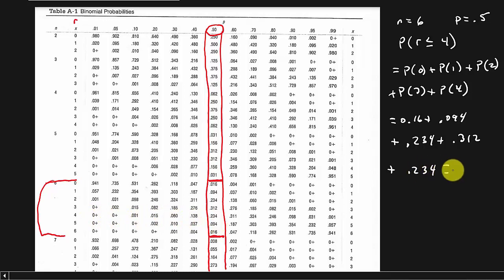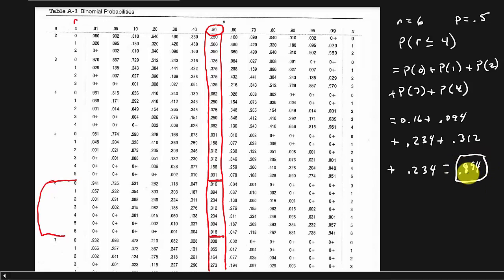And then when you add all of those up, let's see, do I have an answer here? Yeah, that's going to be 0.894. And there's your answer.